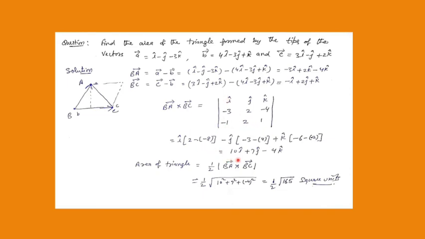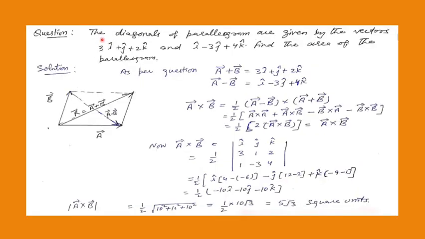You can find its magnitude by taking the squares and adding all the terms: 10 squared plus 7 squared plus (minus 4) squared. I am getting the square root of 165 as the magnitude of BA cross BC. And half of this I have to find, so this will give me the area of the triangle.